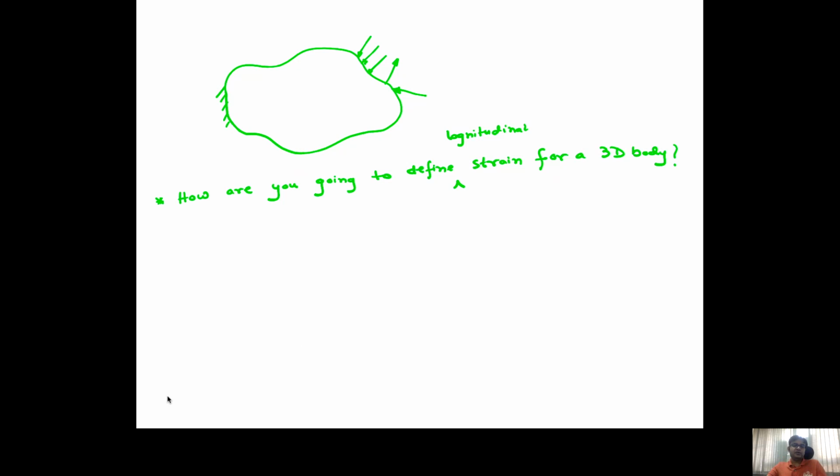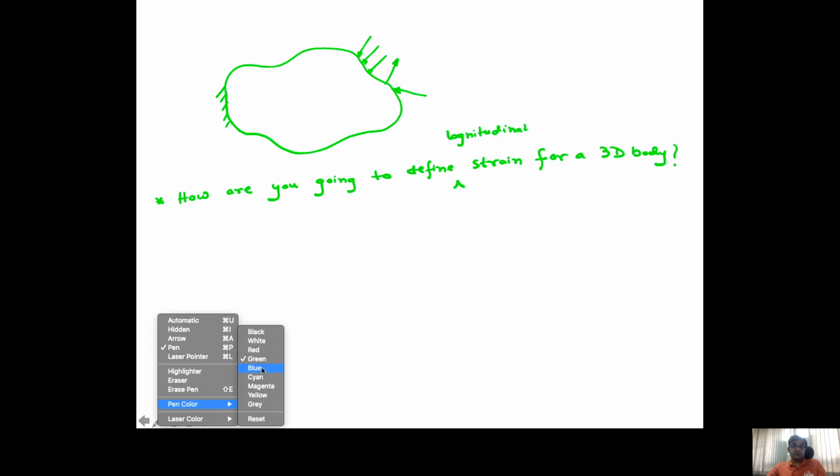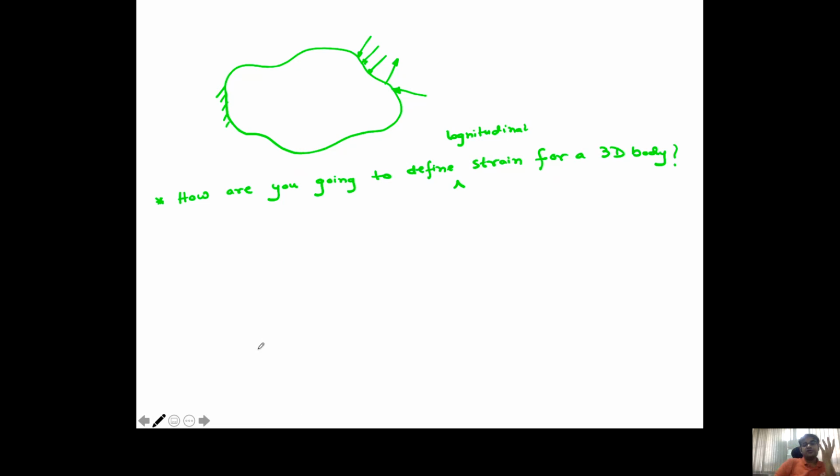So that is the question. So now you may think of the basic definition. And what is the basic definition? Change in length by actual length. So you may tell me that I am going to compute the change in length, divide it by the actual length, and that is how I'm going to define strain at a point in this 3D body.